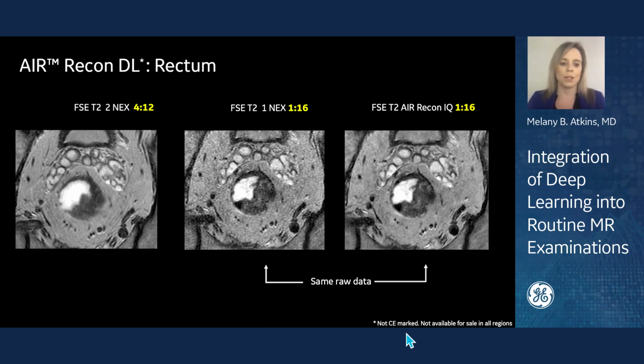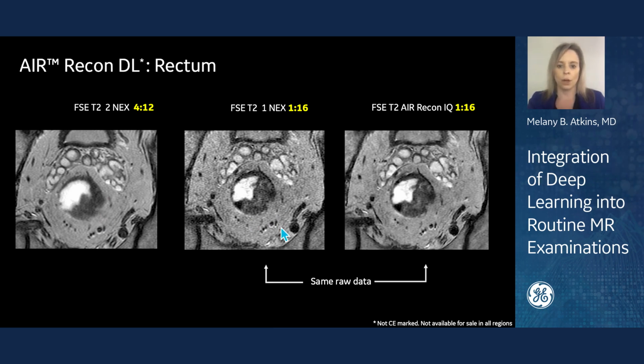This is an example of a patient we did recently at our facility. Here are our traditional T2 high resolution axial oblique images, which took 4 minutes 12 seconds to acquire. This is with glucagon utilization, and I think you can appreciate here that we have some organ blurring, or some blurring of the muscularis and the mesorectal fat.